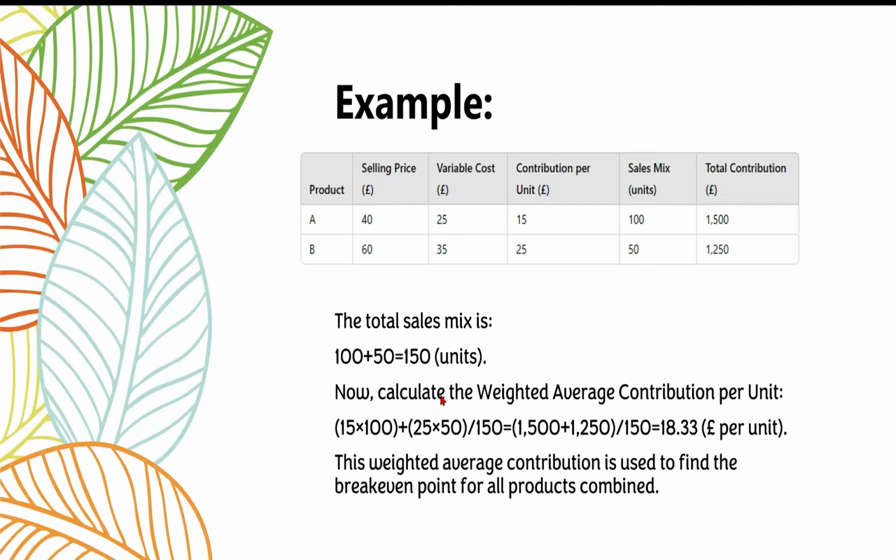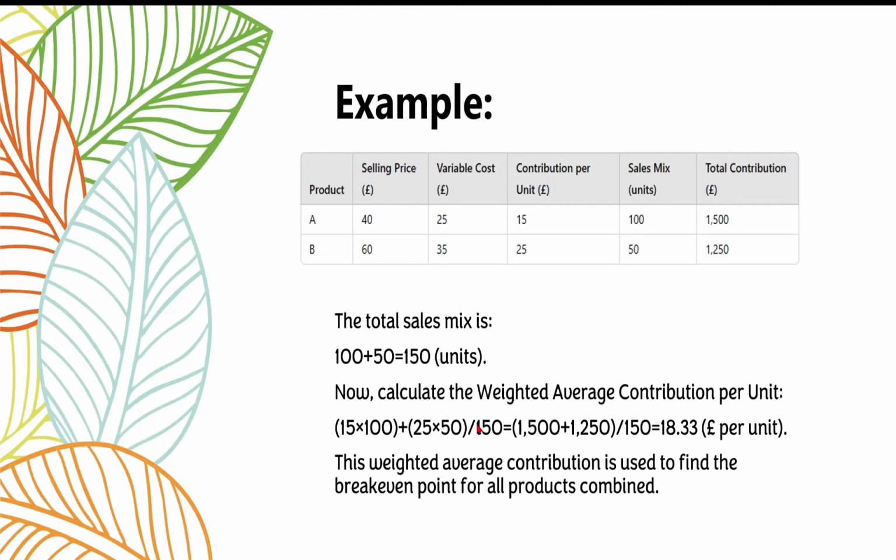Now we calculate the weighted average contribution per unit. So we will take the contribution per unit of product A and multiply it by the respective units we sold. Similarly, we will take the contribution per unit of product B and multiply it by the respective units we sold. We will add these two. This will give us total contribution.